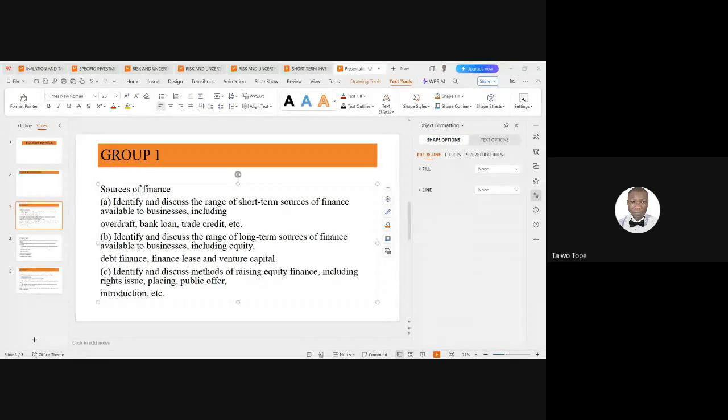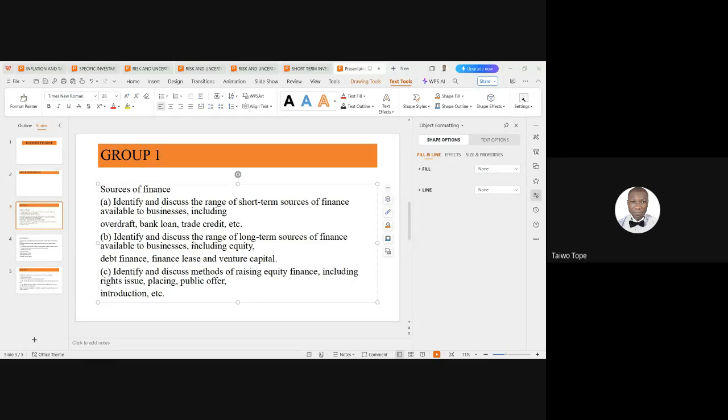So one thing with a finance lease, the reward and risk of ownership incidental to the leased assets are transferred to the lessee. So the lessee is responsible for the upkeep, servicing, and maintenance of the assets.